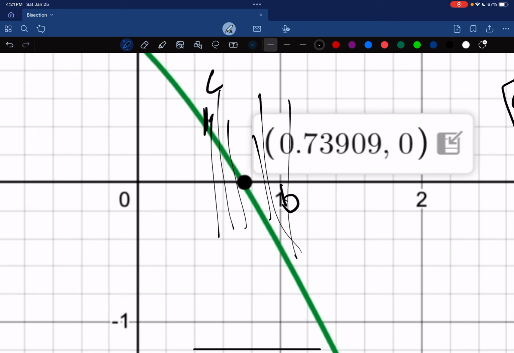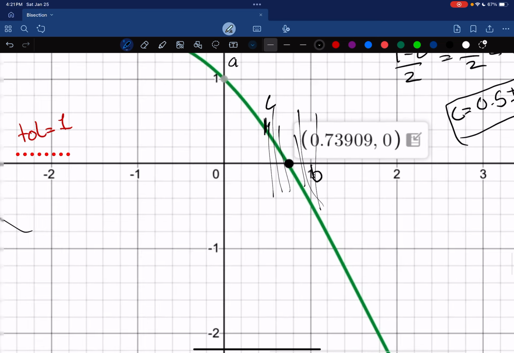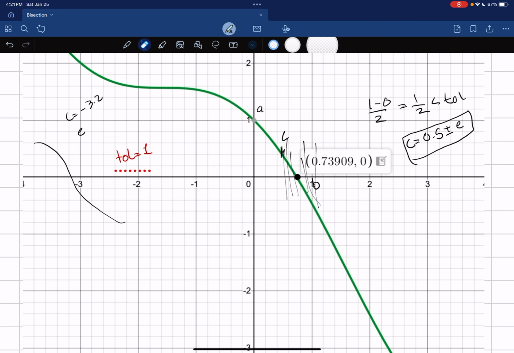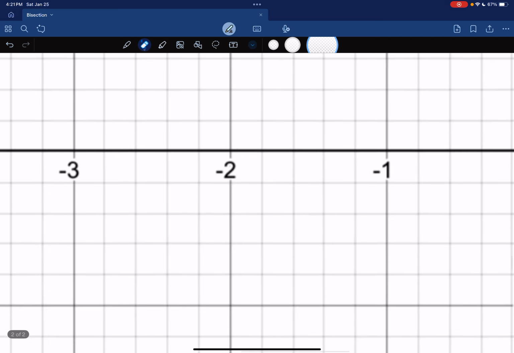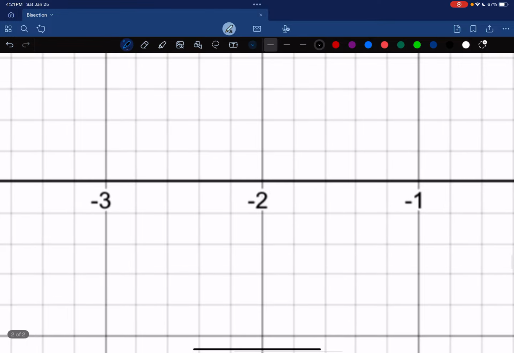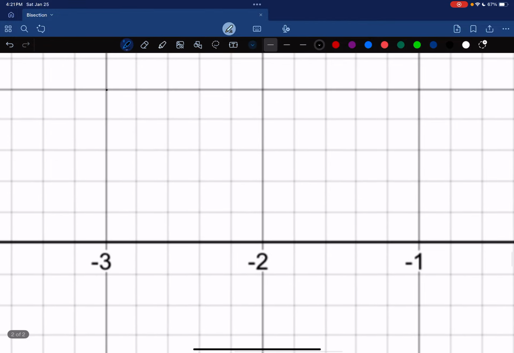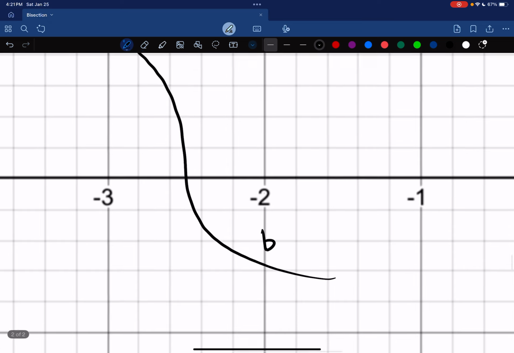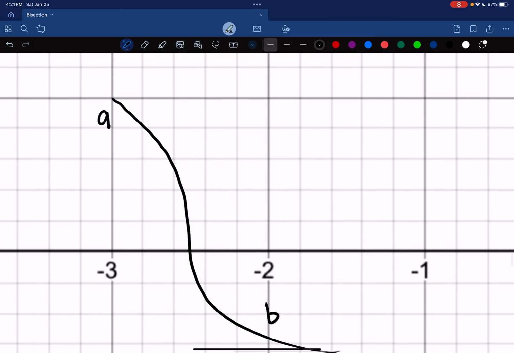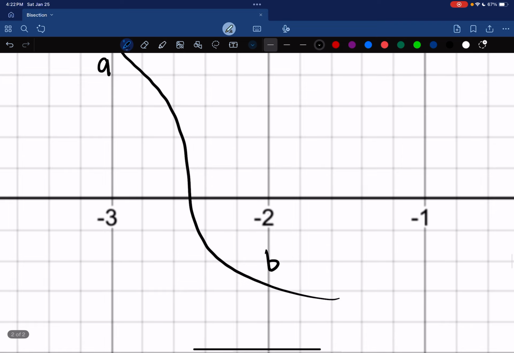Now, why is n the maximum number of iterations, but not the minimum? The reason is because we went over this example earlier. If you paid attention, or if you just figured it out, then you're a genius. If this is my function, that's b, that's a, right? And this is my root.